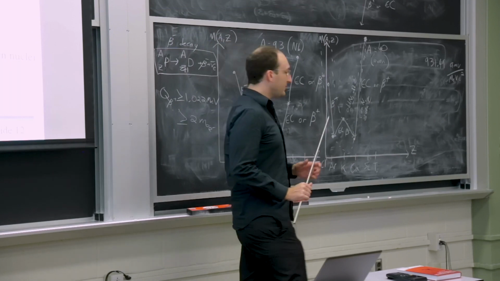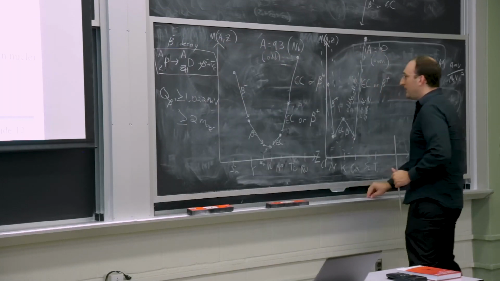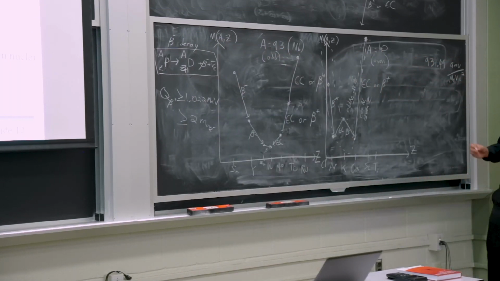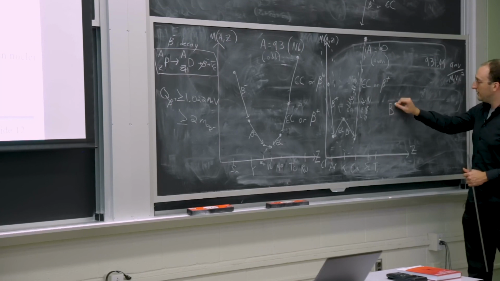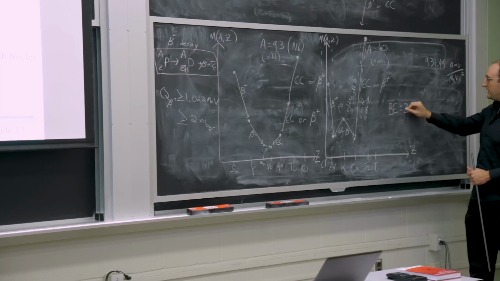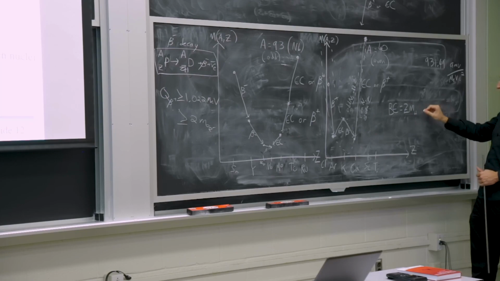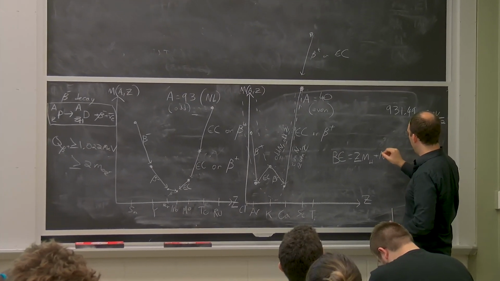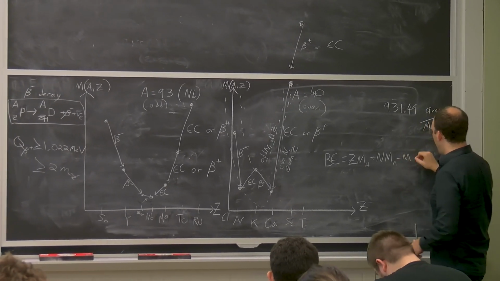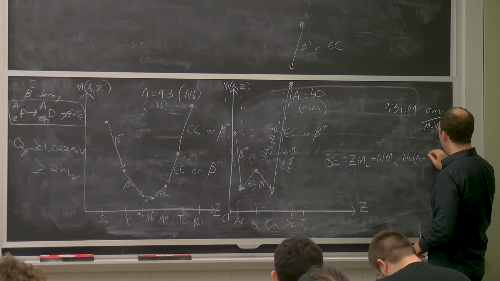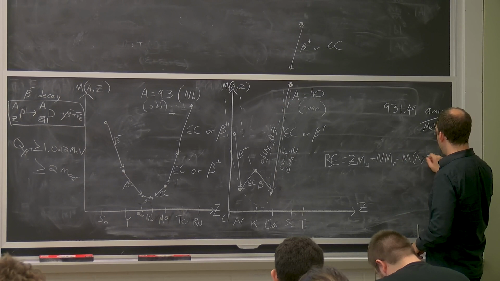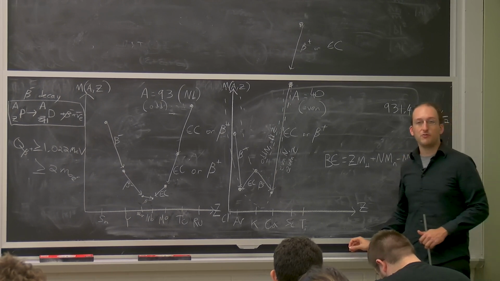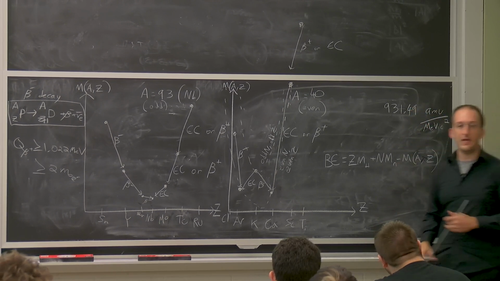We can relate the binding energy to the mass and the mass parabola analytically, because the binding energy is equal to Z times the mass of a proton plus N times the mass of a neutron, minus the actual mass of that same nucleus, A comma Z. So they're actually directly related, just negatively.